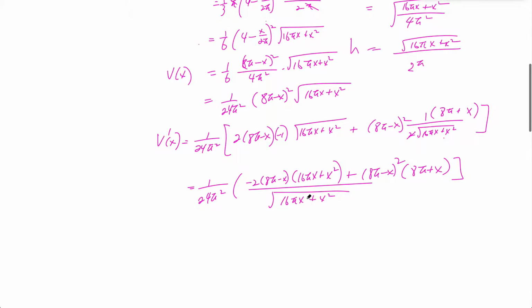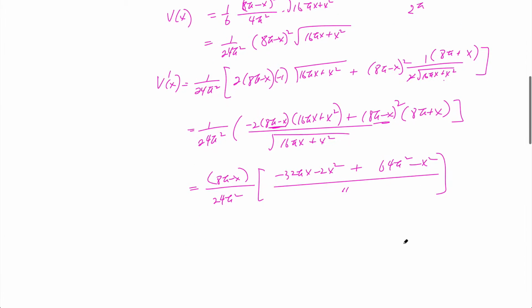Okay. So we can actually factor out 8 pi minus x. So 8 pi minus x, let's factor that out. Okay, and let's expand the minus 2. And we need to expand 8 pi minus x with 8 pi plus x, which is 64 pi squared minus x squared.